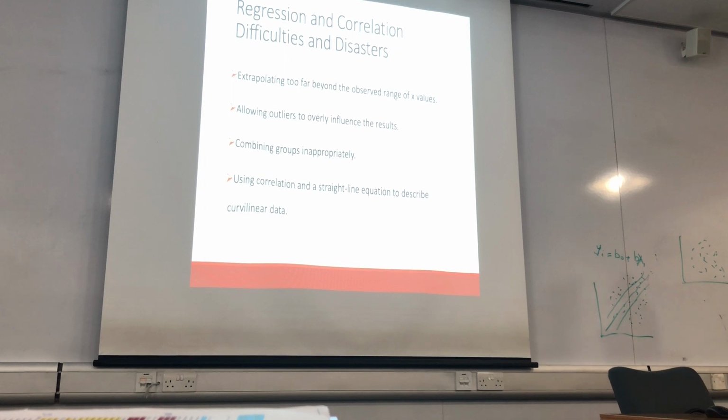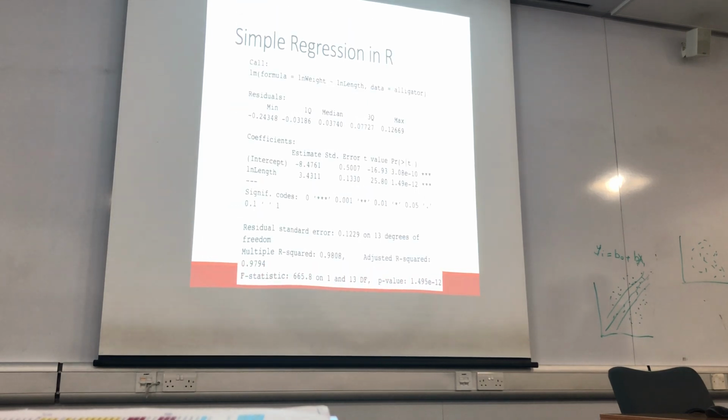Now, any question? Yes. When do we look at the p-value in the equation? What would the question be? If I ask you, is the overall regression equation significant, you look below. When I ask you, is length a significant predictor of weight, you look above.